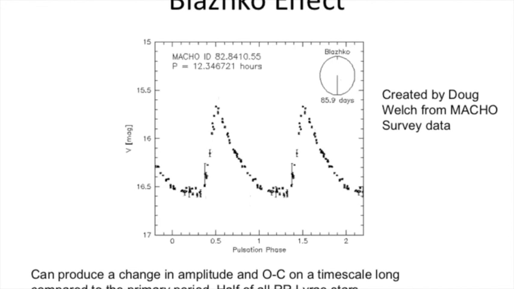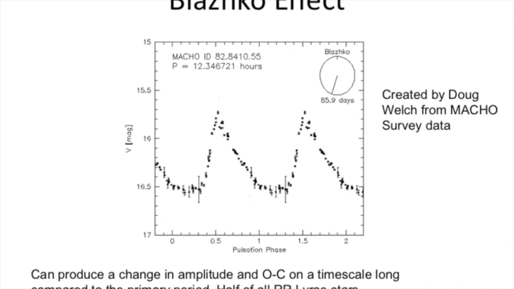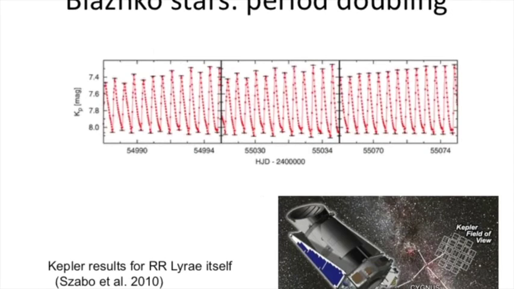This has been known since Sergei Blazhko called attention to it more than a century ago. His explanation is still fought over. It may have something to do with period doubling, now discovered actually with Kepler observations of RR Lyrae itself, where alternating peaks vary in brightness.